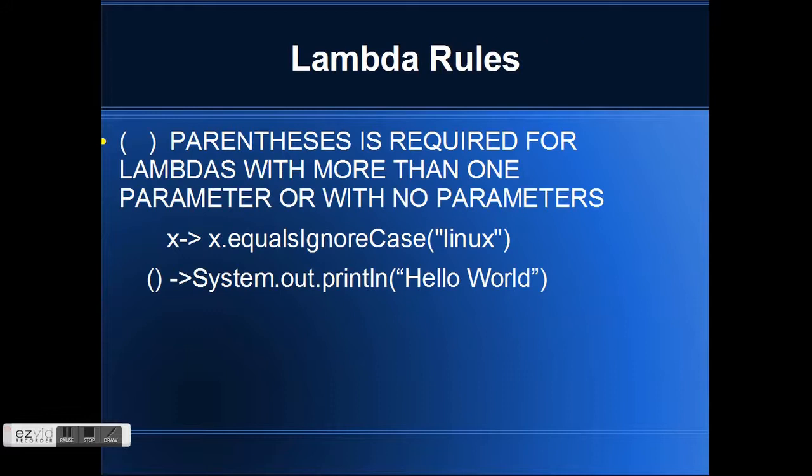Alright, let's go into parentheses. Lambda rules. Parentheses are required for Lambdas with more than one parameter or with no parameters. The first one, you don't need parentheses, and you can write it in one statement.